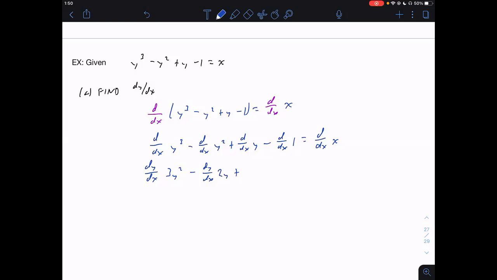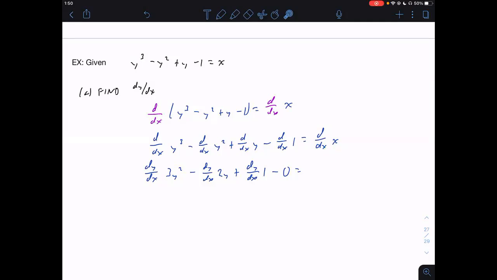Plus another y variable, so another differential of dy over dx, times the derivative of y to the first power. The derivative of a variable to the first power is just the coefficient, which in this case is just 1. Minus the derivative of a constant, 0, equal to the derivative of x with respect to x.